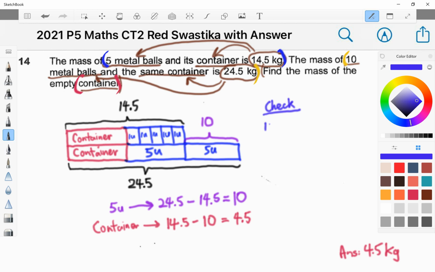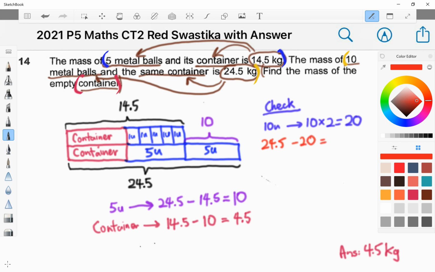What about 10 units? In this case, 10 units has got to be 10 times 2. It will be double of 5 units. And 10 times 2 gets us to 20. And if that is the case, my container will just be 24.5 minus away 20.